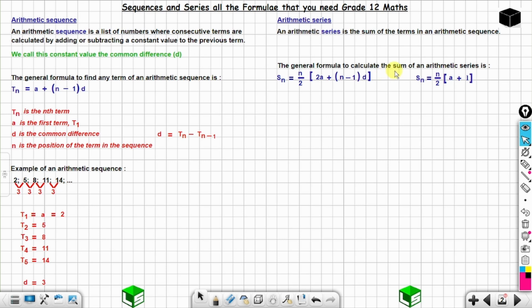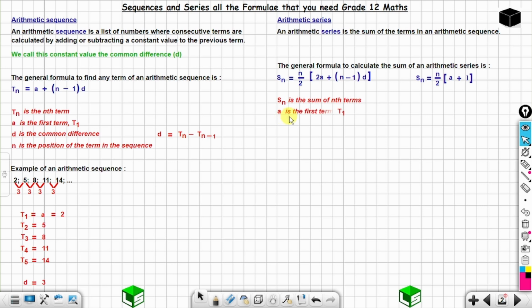Sn is the sum of n terms. Tn represents any term of the sequence, it can be T1, T2, T3, and so on. Sn represents the sum of n terms.